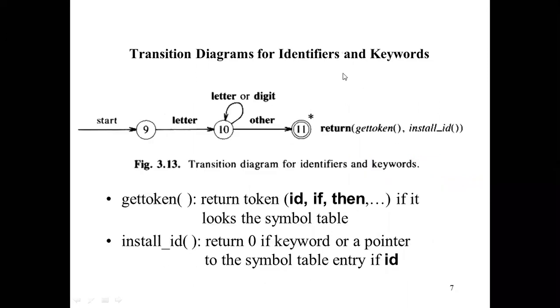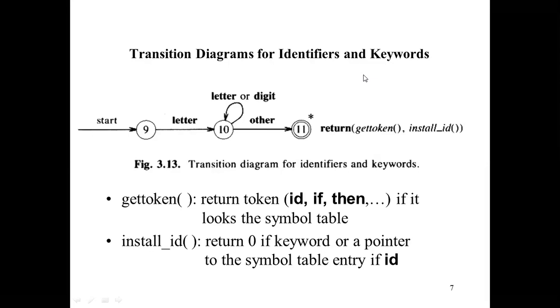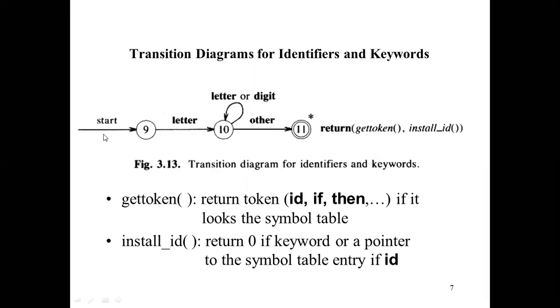Now, transition diagram for identifier and keywords. This is the transition diagram for identifiers and keywords. How will you proceed for this? This is again just cutting some portion from the preceding diagram.